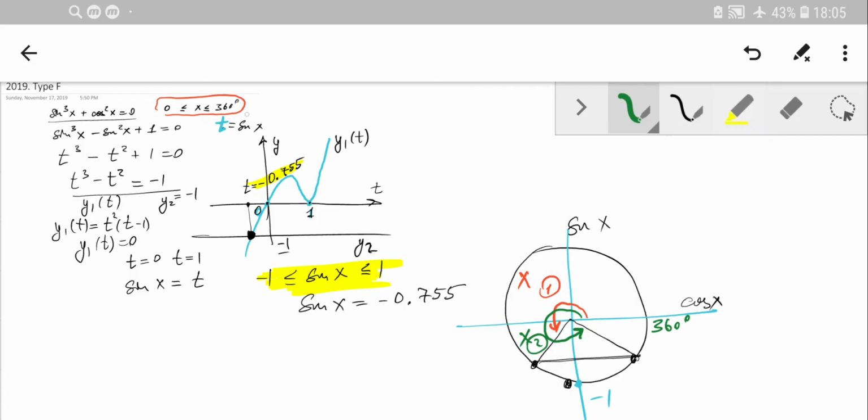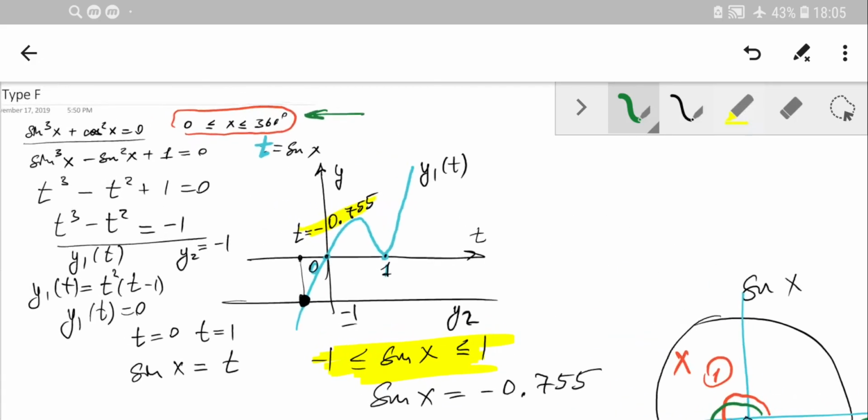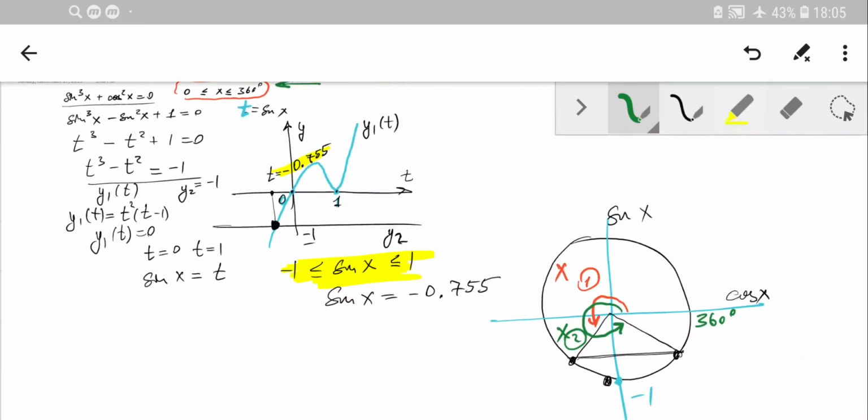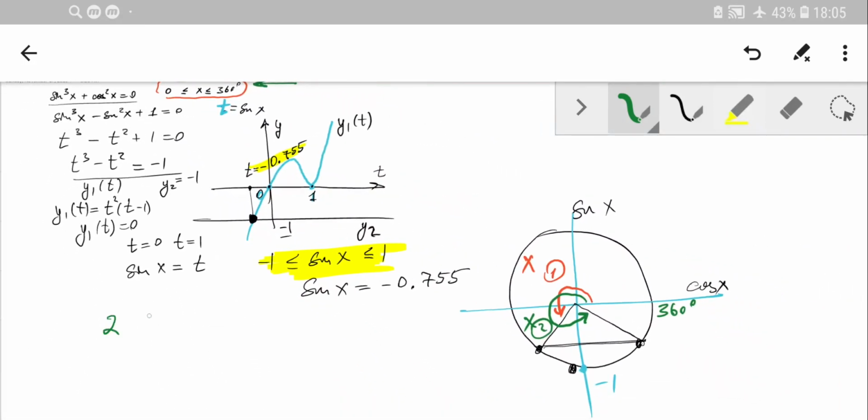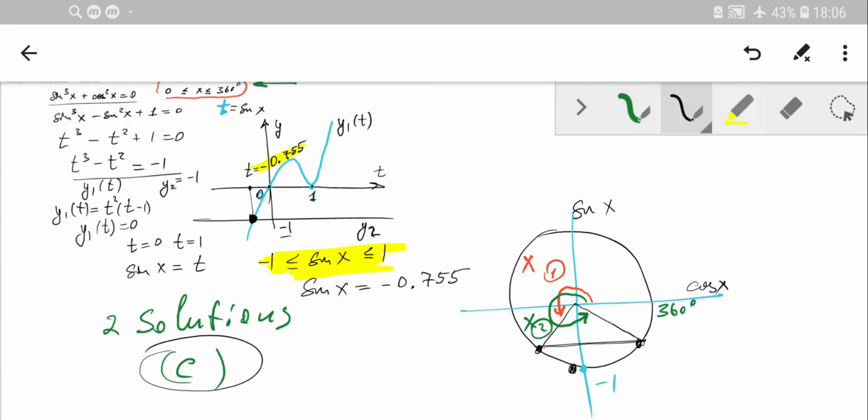Be careful about those limits; they're always very significant. So the right choice is C, I guess. Two solutions.